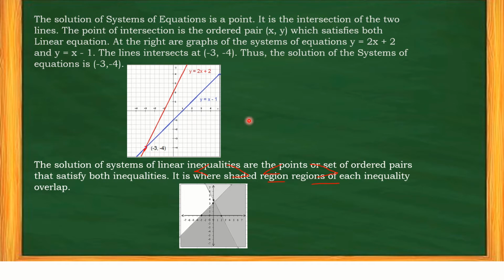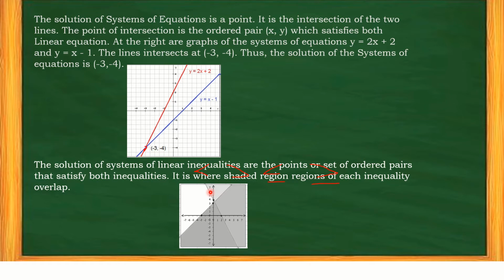This is very different from equations. In the first week, we had the solution of linear inequalities in two variables, or the graph, and you have only one inequality there. To get the solution, we shade. Here in systems of linear inequalities, you will do the same thing.